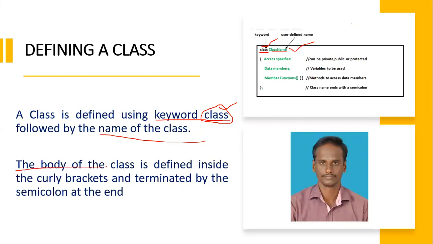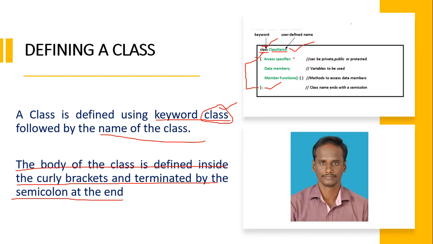The body of the class is defined inside curly brackets and terminated by a semicolon at the end. The open curly brace indicates the opening of your class and the close curly brace indicates the closing, which must end with a semicolon. So this is your class definition. Inside it we can define the data members and member functions.